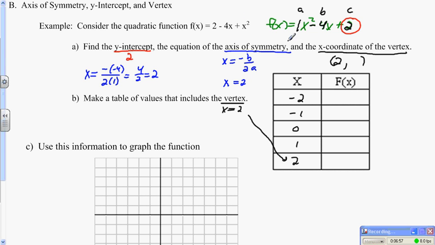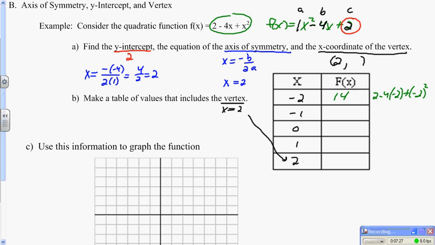I'm going to write it in this manner. So we would have 2 minus 4 times -2 plus -2 squared. So 2 plus 8 plus 4. That will give us 14, definitely off our charts.